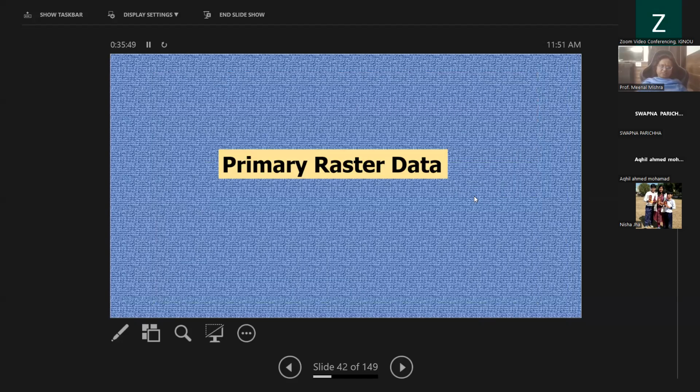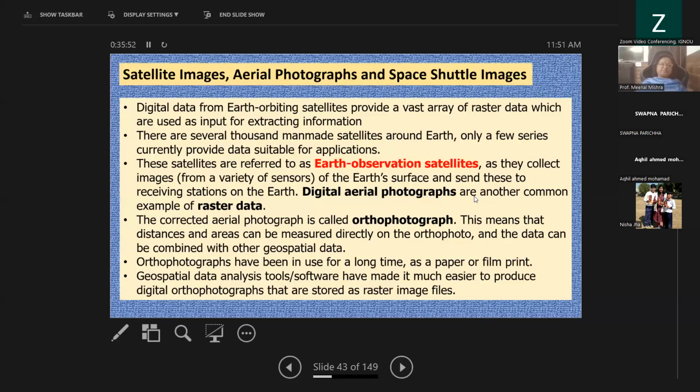So let us discuss the primary raster data. All these satellite images which you see, the aerial photographs or space shuttle images, they are what? They are primary raster data. So whatever data you get from Earth orbiting satellites, they provide a vast array of raster data, which is used as input for extracting information.